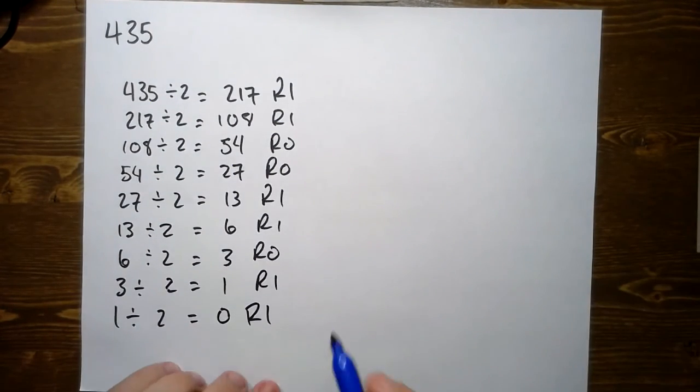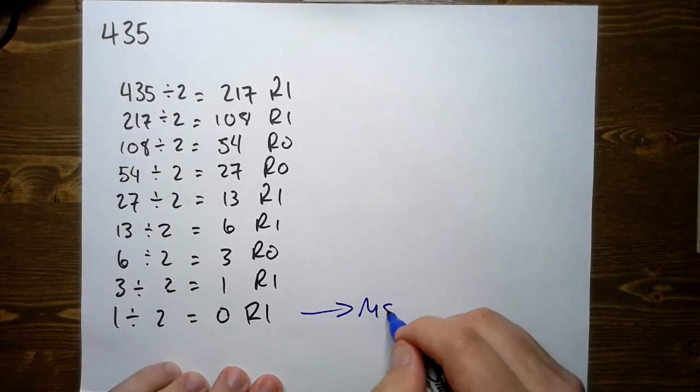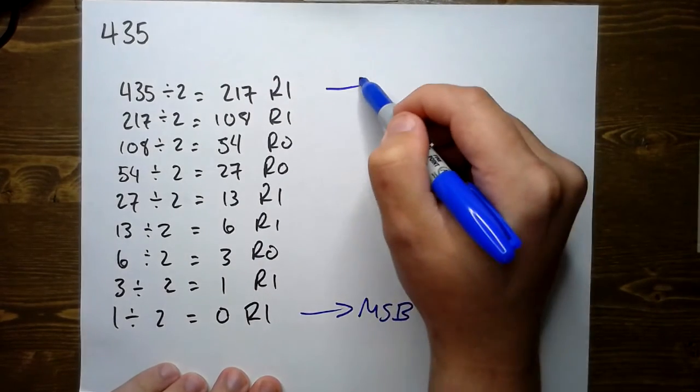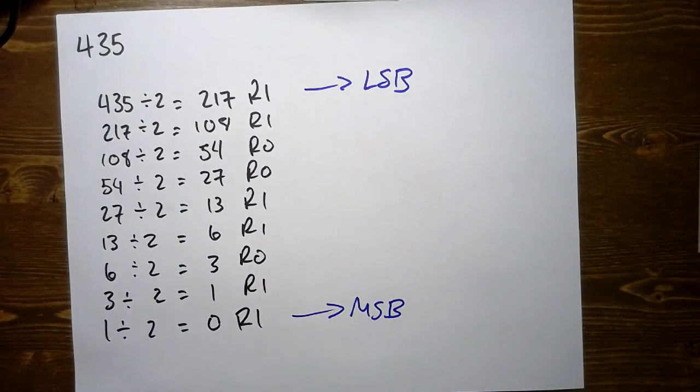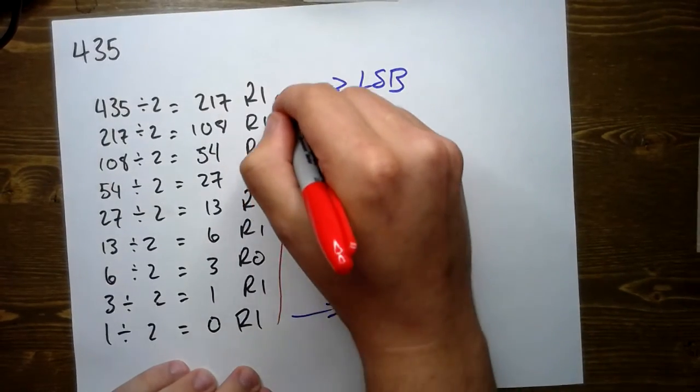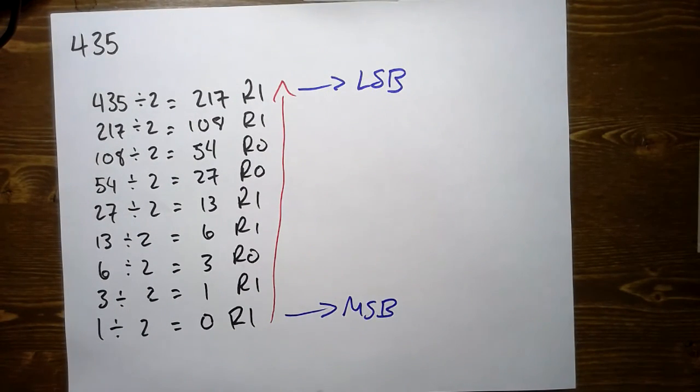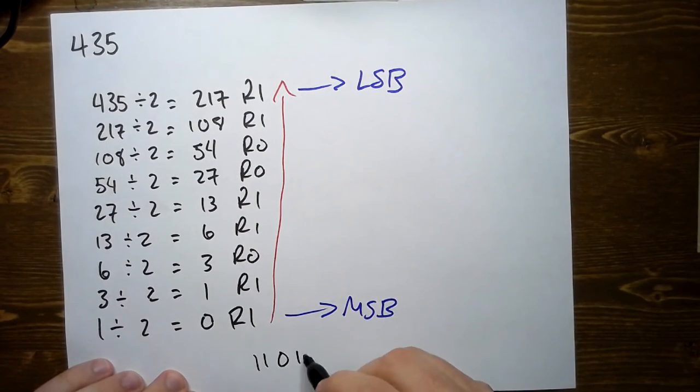So we have our most significant bit and our least significant bit, and we go this way. So we would get 1, 1, 0, 1, 1, 0, 0, 1, 1.